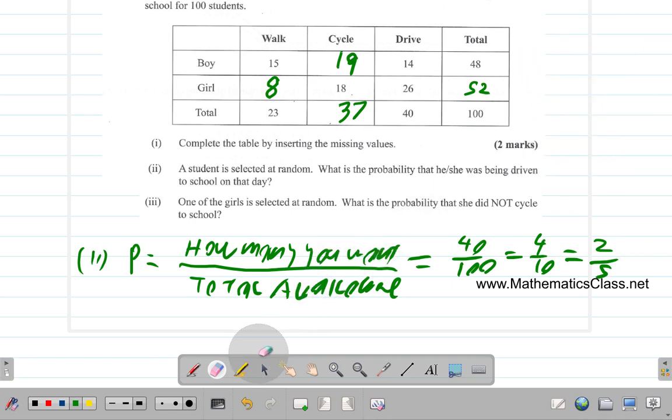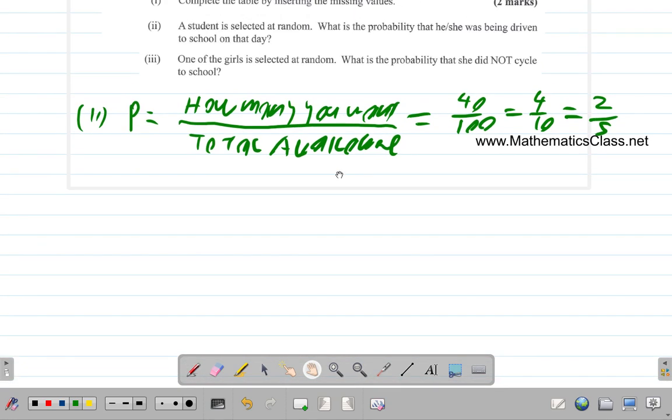Part 2 said, one of the girls is selected at random. What is the probability that she did not cycle to school? Alright. Now the thing is, you have 2 ways to deal with it. You can say, the probability that the girl cycled, and then you say 1 minus the probability.